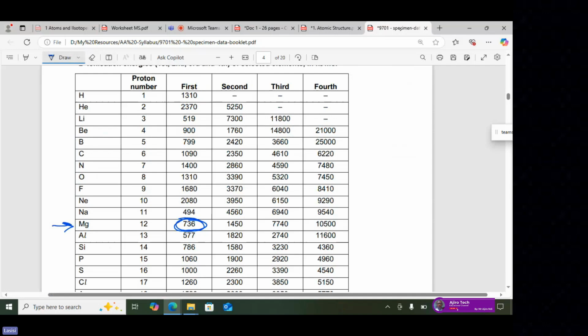Second IE, 1450. What about third IE? 7740. Now, from here to here, how many times? About two times, right? Is that correct?